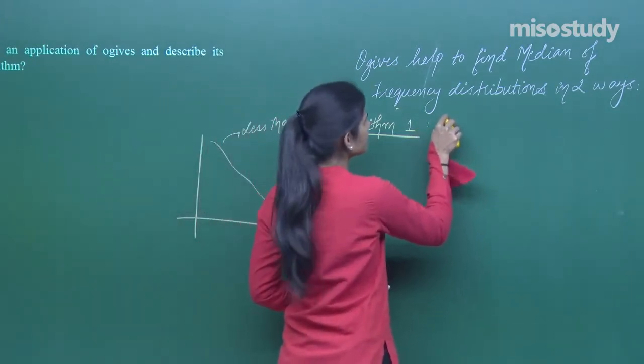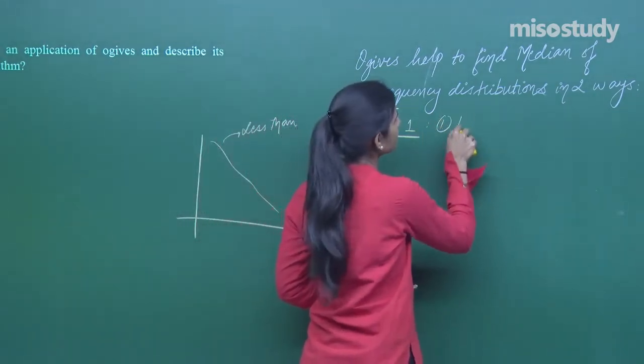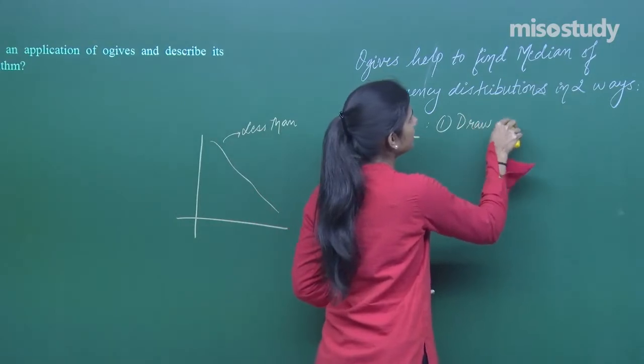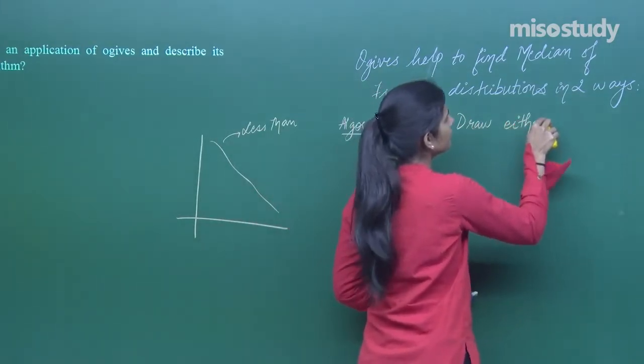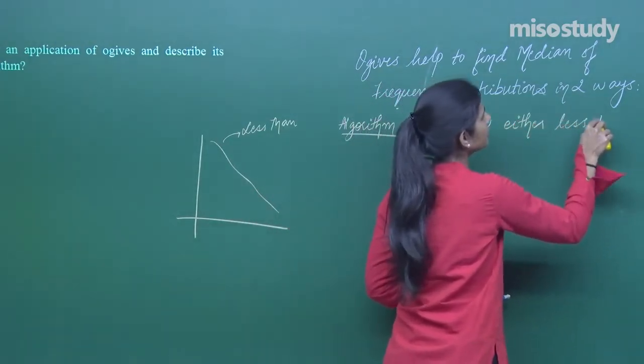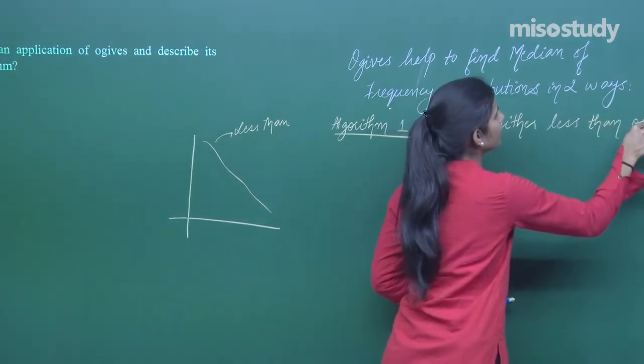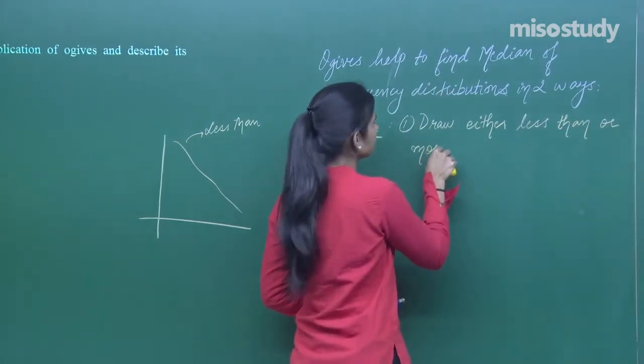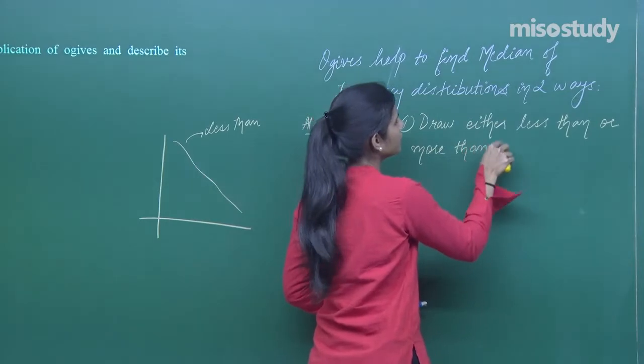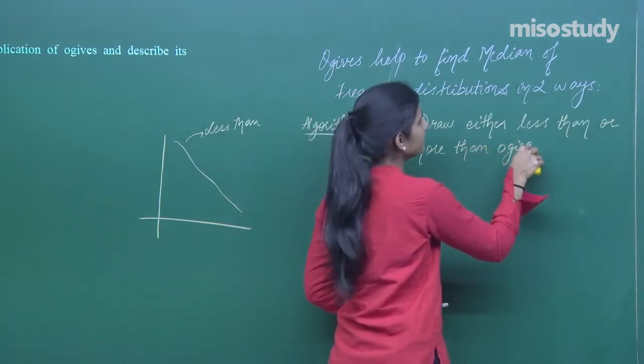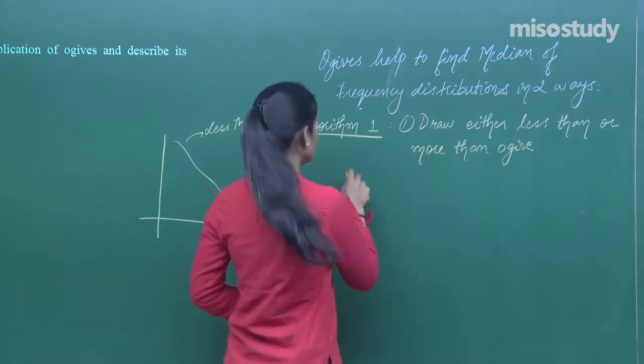So algorithm 1 says, first of all, step 1: draw either less than or more than ogive for the given frequency distribution. Either of the two you have to draw.